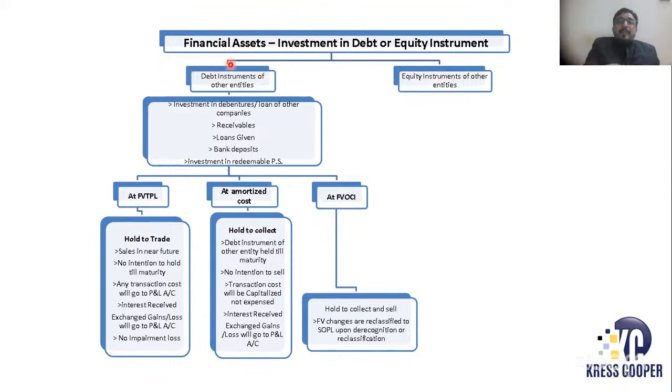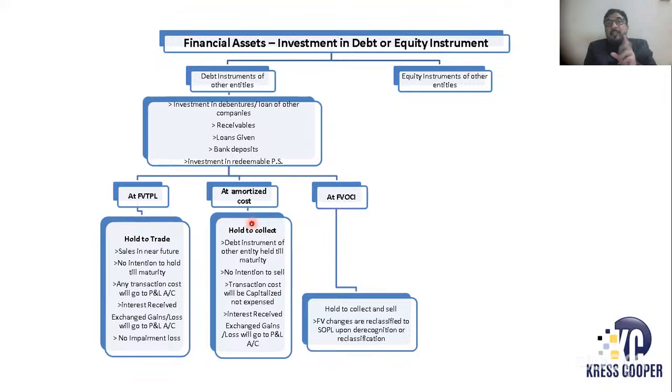If the entity is making an investment in debt securities, like lending or debentures, you will see whether you would classify it at fair value through profit or loss, at amortized cost, or at fair value through OCI.